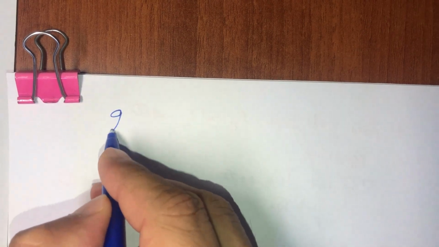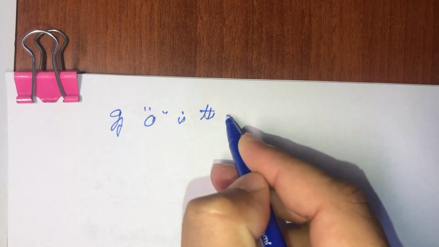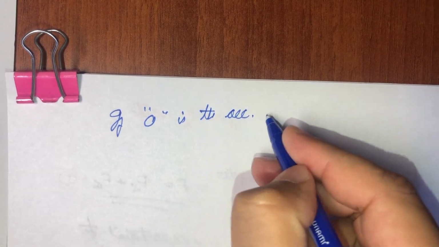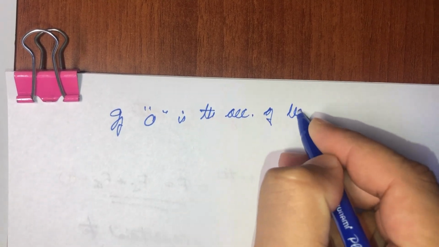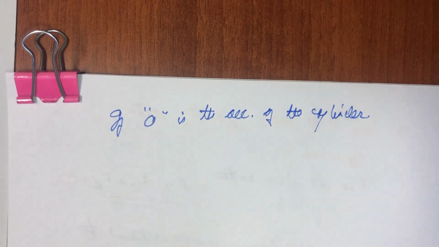Now, as it is going to oscillate, and we assume that if a is the acceleration of the cylinder, then we can write the equation of motion for the cylinder.